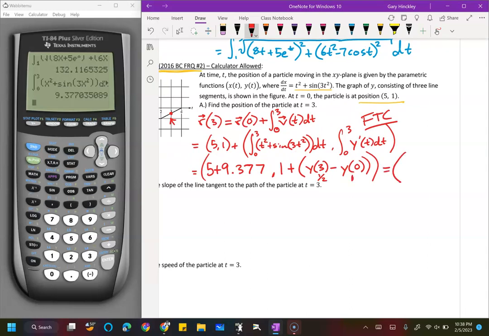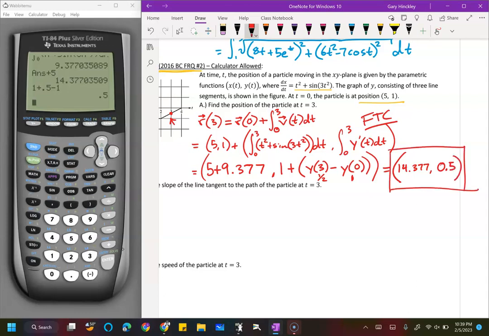So then we can go ahead and find what we need. For the first one, I'm going to add 5 and we get 14.377, comma, and then that's going to be 1 plus, let's see, 0.5, and then minus 1, so it should come out as just 0.5, and that should be our new position.